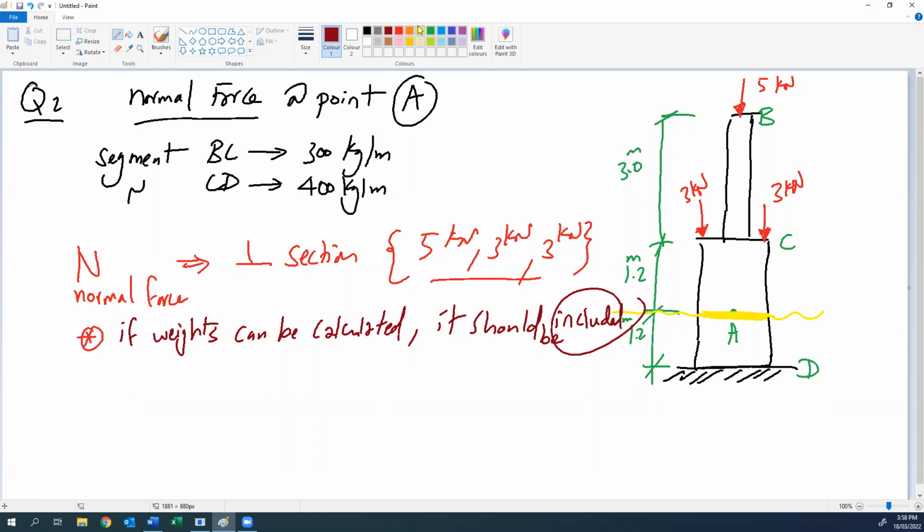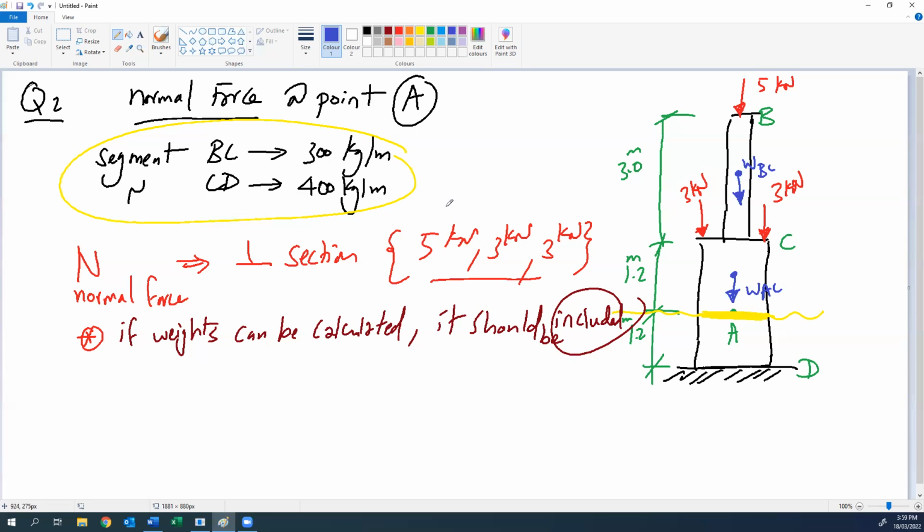But here, because it is given that segment BC weighs 300 kilogram per meter and CD weighs 400 kilogram per meter, the weight of member BC, I will call it WBC, and the weight of part AC, should be included.